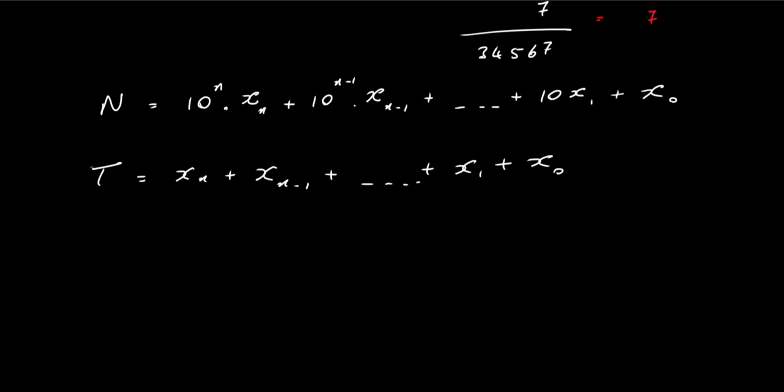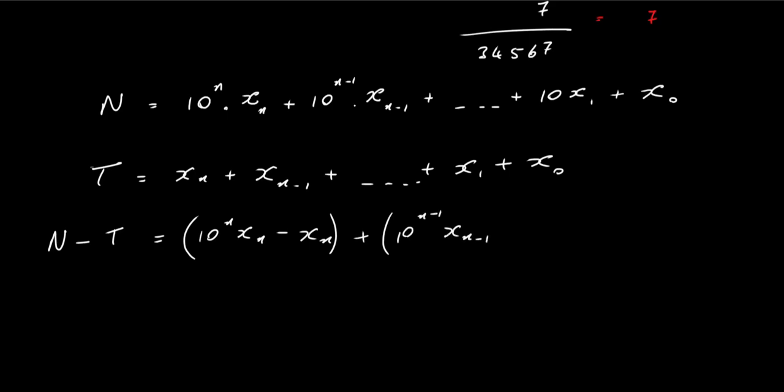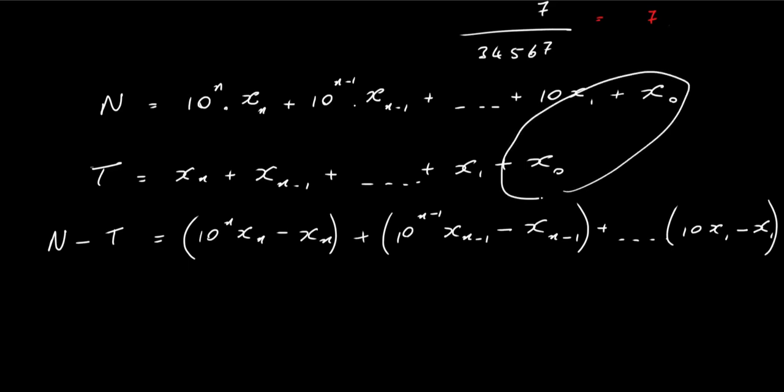So what I'm going to do now is just subtract these two. I'm going to take n minus t. So I'll get 10 to the power of n xn minus xn plus 10 to the power of n minus 1 xn minus 1 minus xn minus 1 plus all the way down to these two here, 10 x1 minus x1, and then at the end here these two will just cancel.